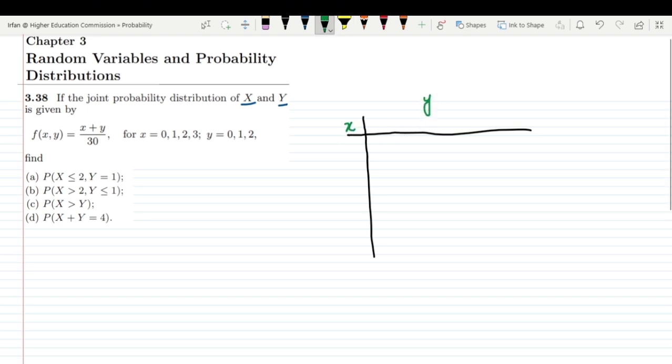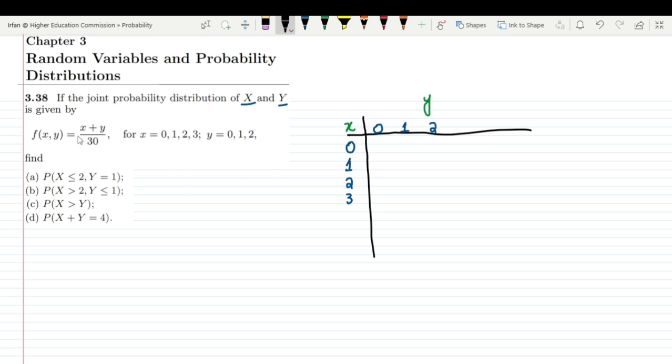Okay, so writing all values of x and y, for x I have 0, 1, 2 and 3, and for y we have 0, 1 and 2. Okay, so these are different values of x and y.